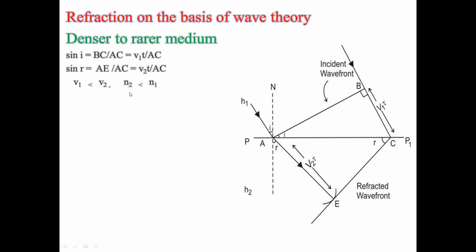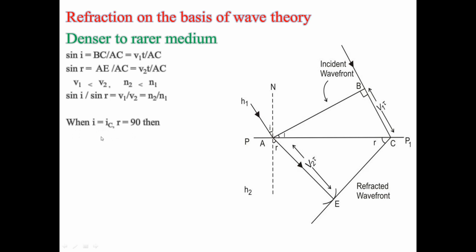N2, the refractive index of the second medium, is less than the refractive index of the first medium. Therefore, sin I by sin R is equal to V1 by V2, that is equal to N2 by N1.